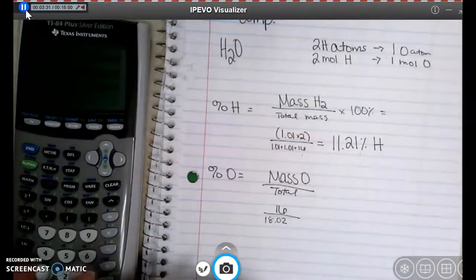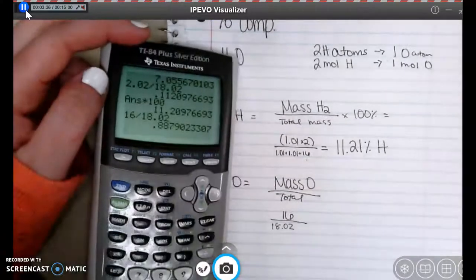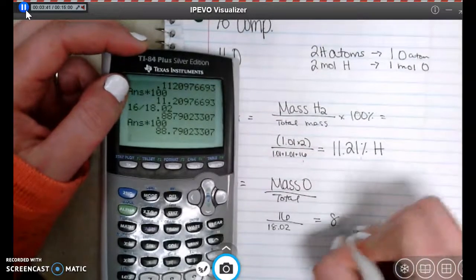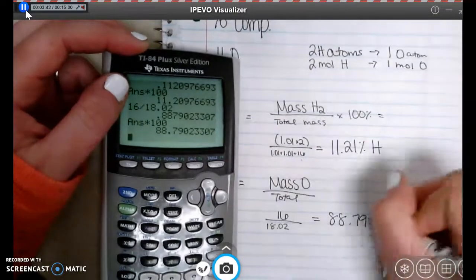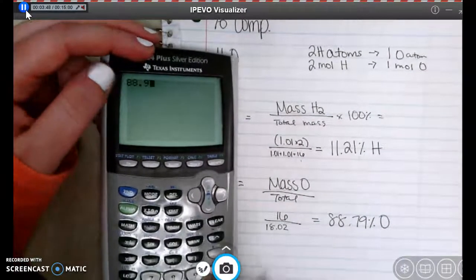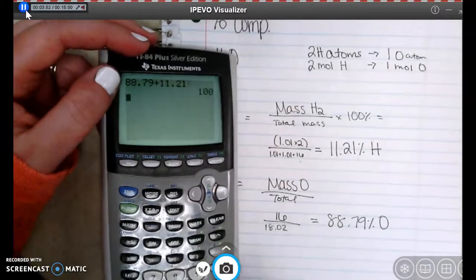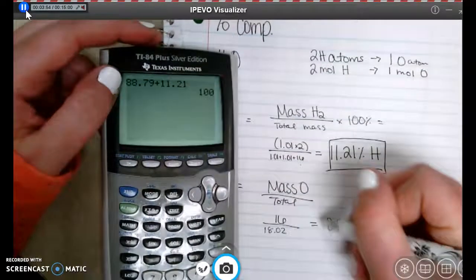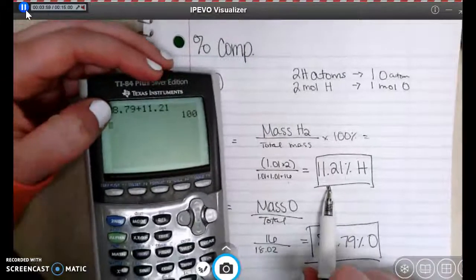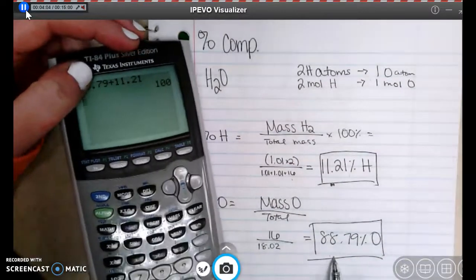So I take 16 divided by 18.02, multiply by 100 to make it a percentage, and that gives me 88.79% oxygen. To double check myself, I add these back together because they should equal 100. And they do. So in any given sample of water, 11.21% of the mass will belong to the hydrogens, and 88.79% of the mass will belong to the oxygens.